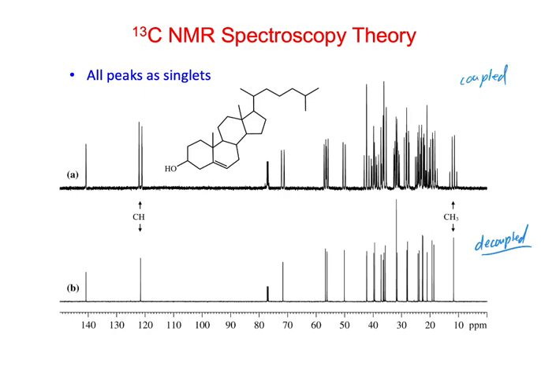Okay, so notice some of them like here. So this is for the CH, that's for this carbon right here that has an H on it. And in the coupled spectrum, notice that it's a doublet, right? Because it has one proton attached. So N plus 1 splits it into a doublet. Okay.